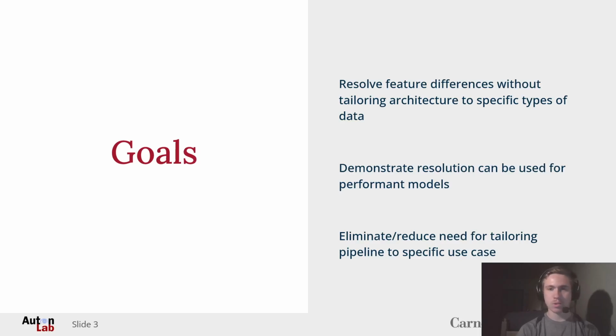We want to demonstrate this proposed resolution can be used for good performant models. In the end, we want information to be successfully extracted out of whatever our model outputs. And we want to eliminate or at least reduce the need for this extensive feature engineering to a specific use case.